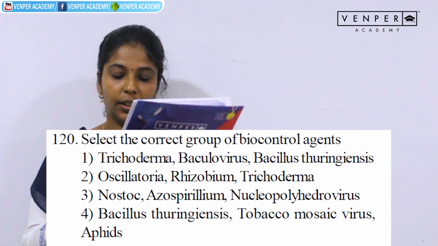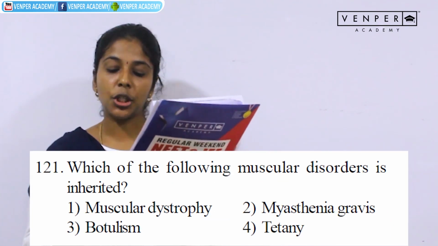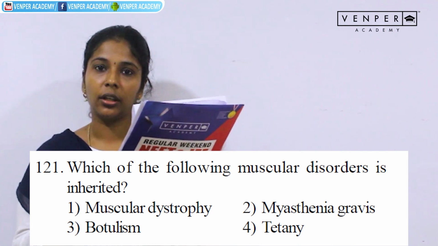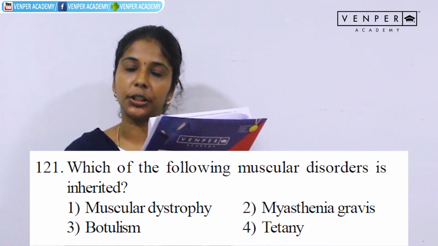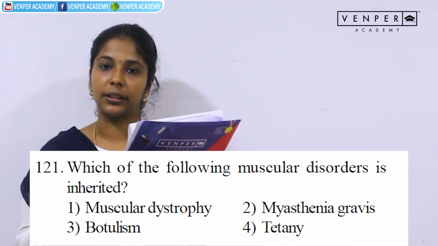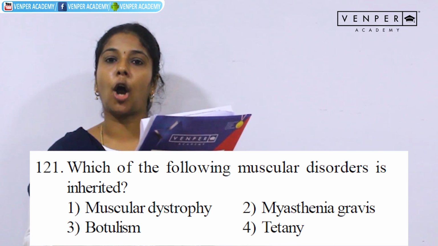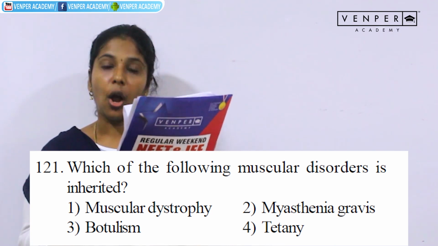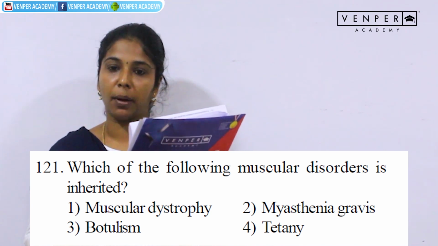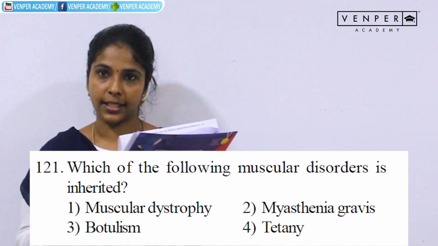insects. Question number 121. Which of the following muscular disorders is inherited? The options are option number 1, muscular dystrophy, option number 2, myasthenia gravis, option number 3, botulism and option number 4, tetany. Among these 4 options, option number 1, muscular dystrophy, is the correct answer.